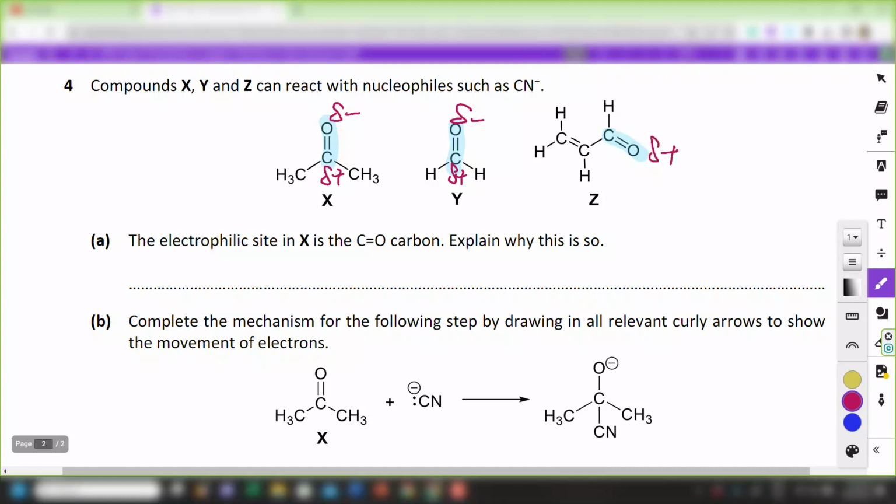Delta minus here, and then delta plus. Because of that, the carbonyl carbon is what we call electron deficient, so it is an electrophilic site.